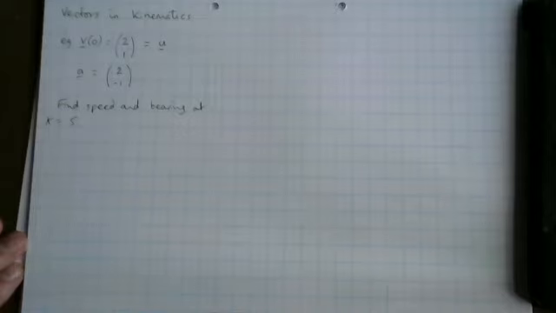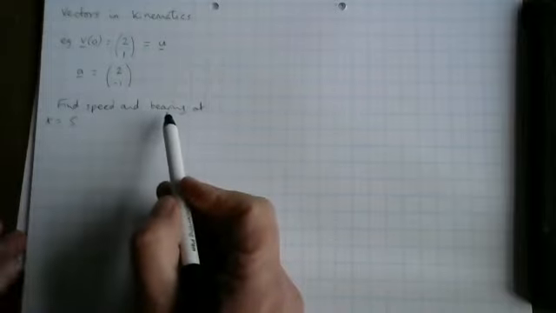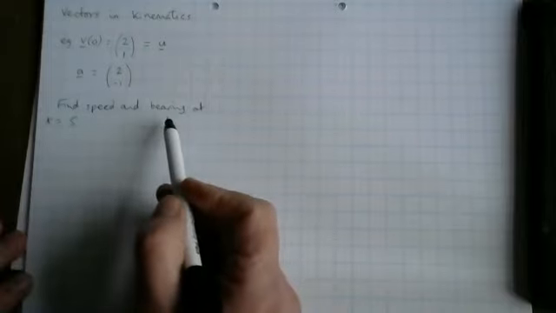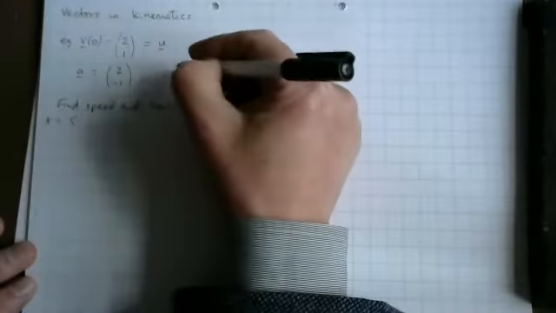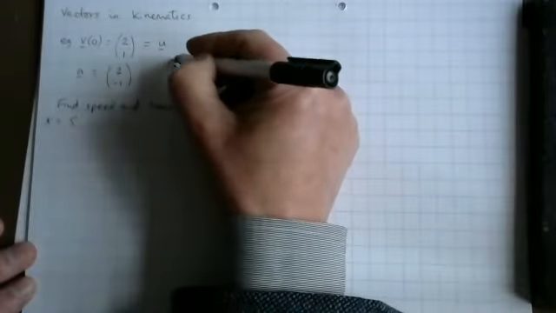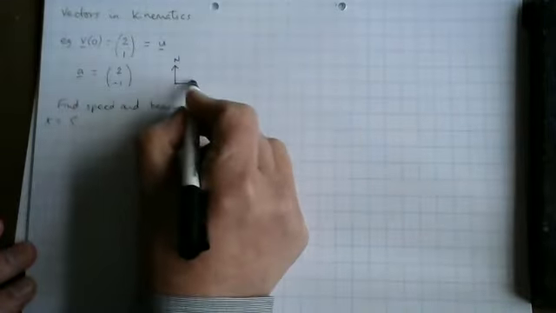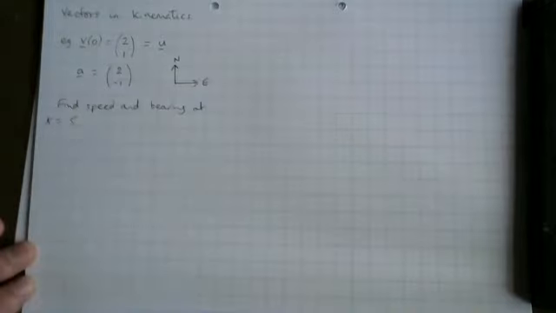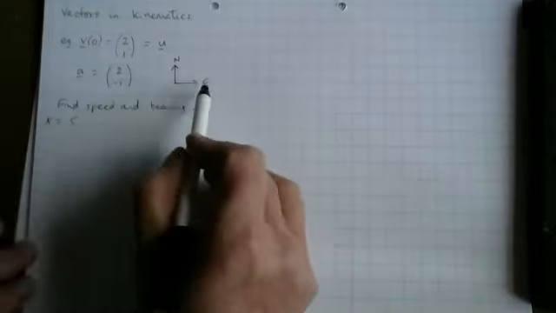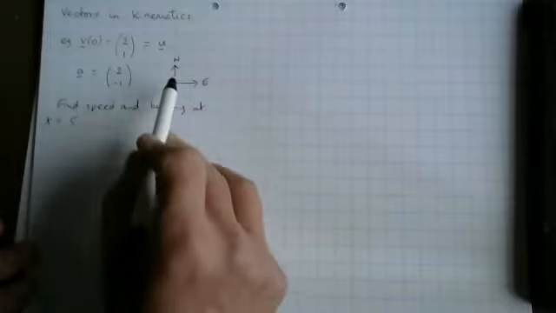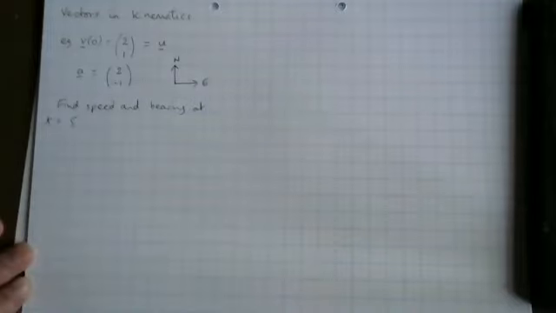Okay, it's a constant acceleration. Bearing. Now, unless we're told otherwise, the normal rules are that's north, that's east, and it corresponds to x and y. X goes this way, y goes that way. So find the speed and bearing at t equals 5.